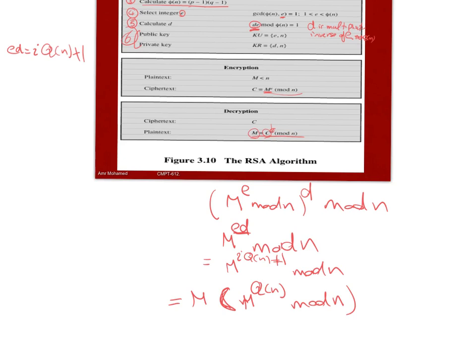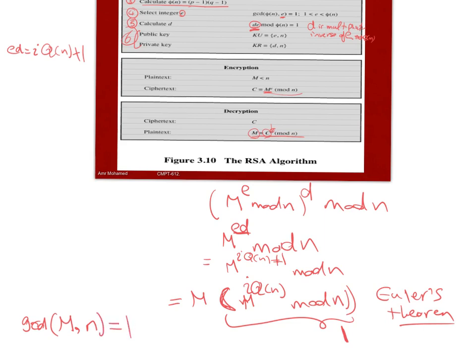Then came someone called Euler. Of course, this is I here, any integer, any multiple of the totient of n. Euler came up with a theorem that this is in fact always one, only if the greatest common divisor of m and n is 1.